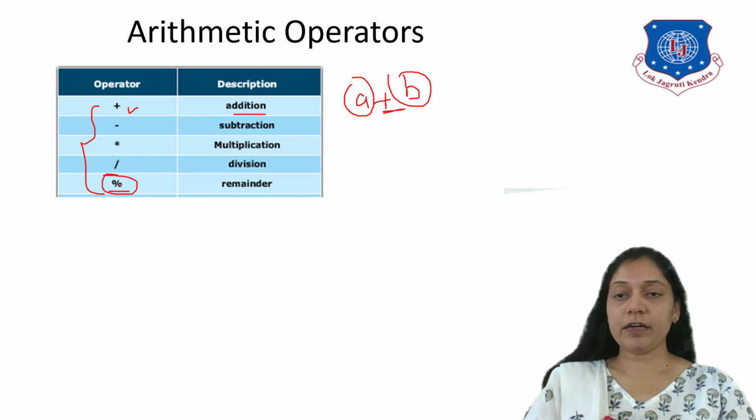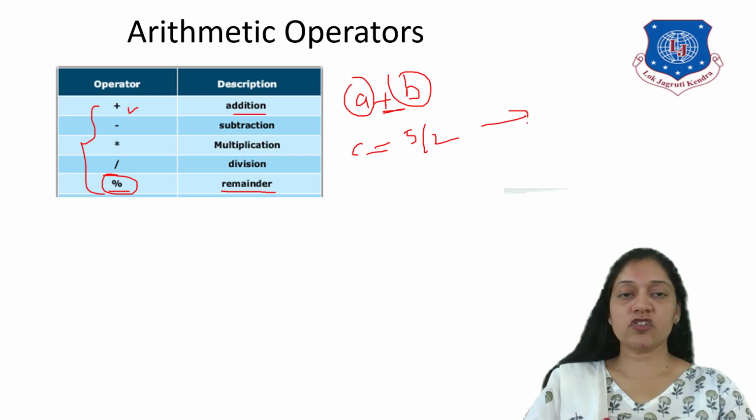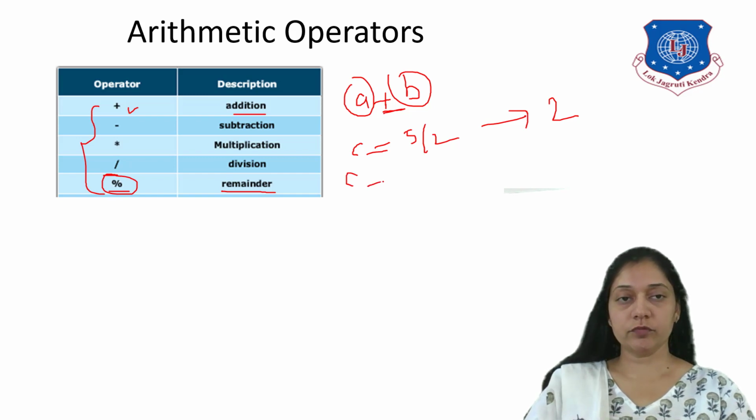The fifth operator is the percentage symbol. This symbol is used for getting the remainder of a division. Suppose I write C is equal to 5 slash 2. In that case, I'll get the quotient, which is 2.